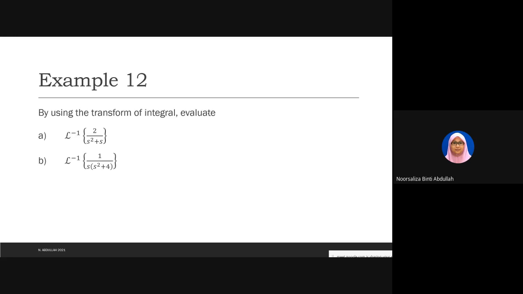Okay, kita tengok soalan ni. By using a transform of integral, then disuruh you evaluate this one. Maksudnya dia nak you dapatkan inverse of this signal using transform of integral. Okay.